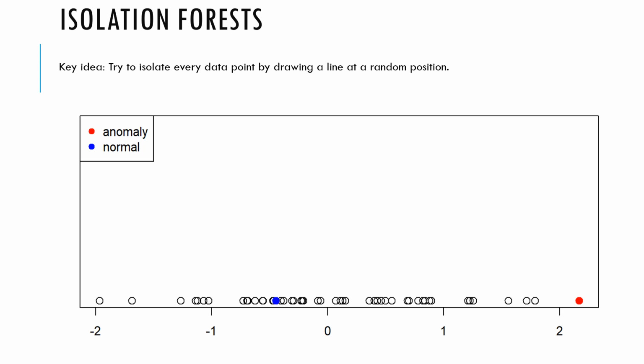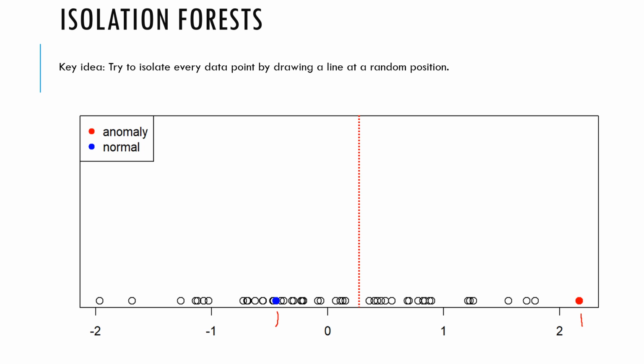This is an example of how isolation forests work. In this case, I have only one variable and a bunch of example data points. This is an anomalous data point, and this is a normal data point. The key idea is to try to isolate every data point by drawing a line at a random position. So at the first iteration, I will choose a random position and draw a line there.